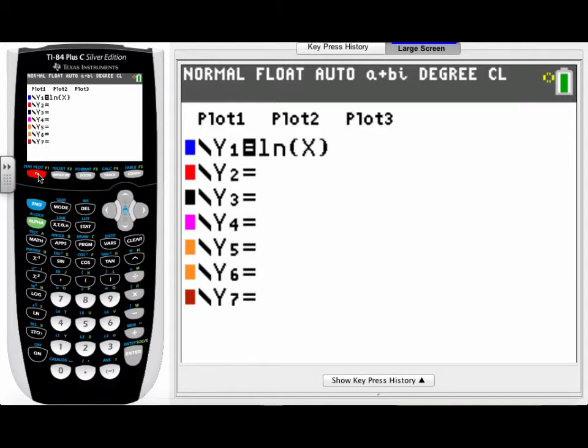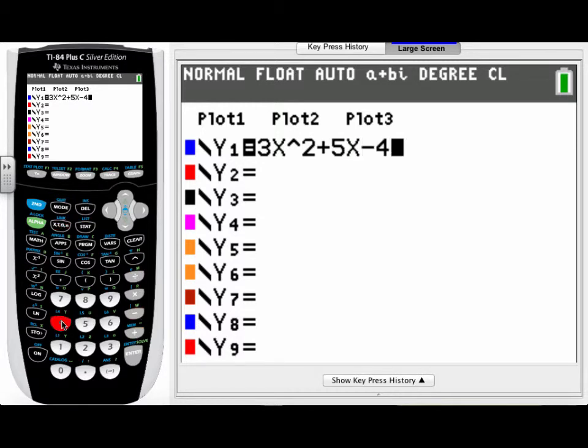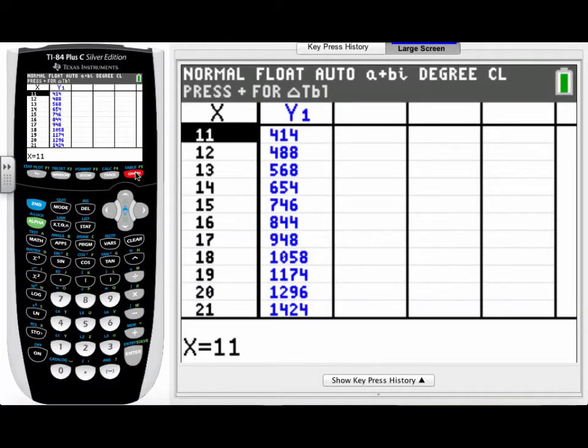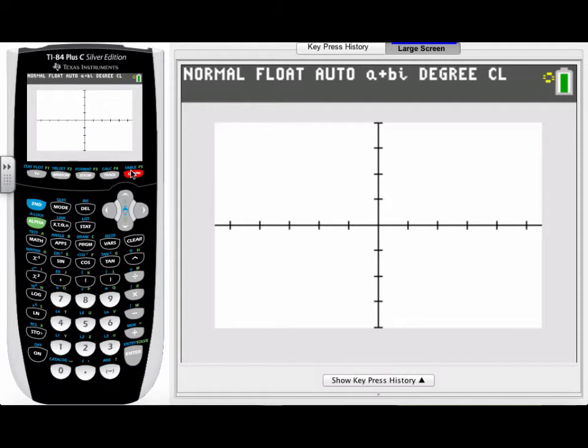Now, here's how we're going to double check. 3x squared plus 5x minus 4. Graph it. Let's see what it does. Oh, I want graph. Got an error.